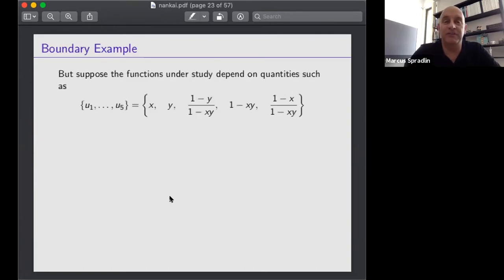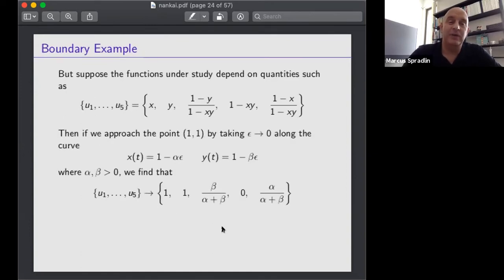But if the universe of functions that we're interested in studying contain things like the following, and here I've written some examples of more complicated rational functions on x and y, then you can observe that if you approach the point 1, 1 along a path that I've indicated here, oops, why am I using t and epsilon?